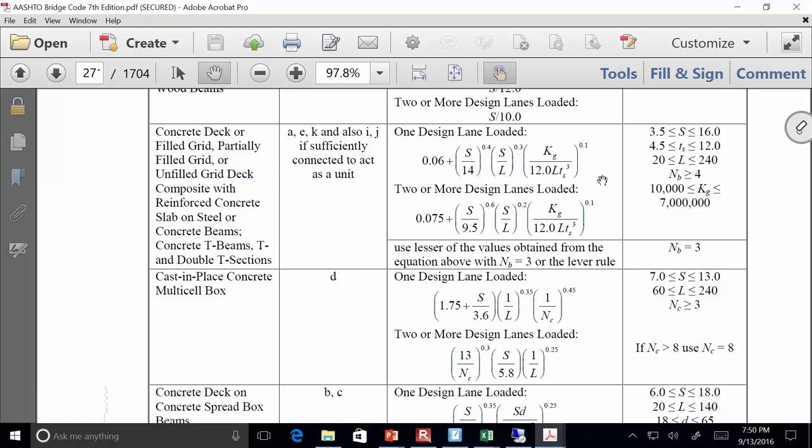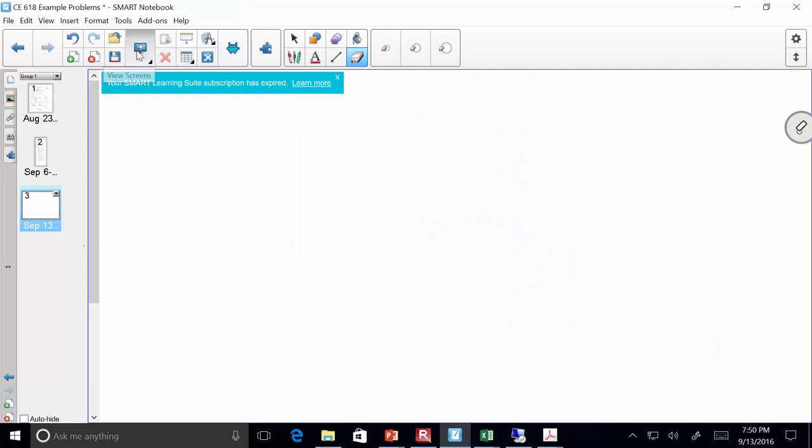All right. So let's get into it, and I'm going to start off with positive bending region. Live load distribution factors.